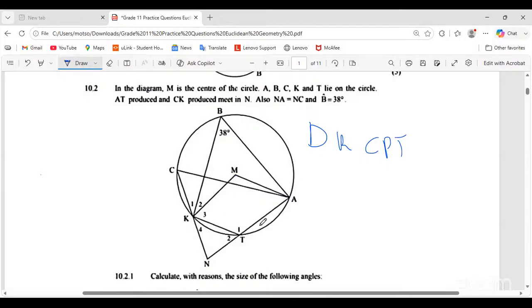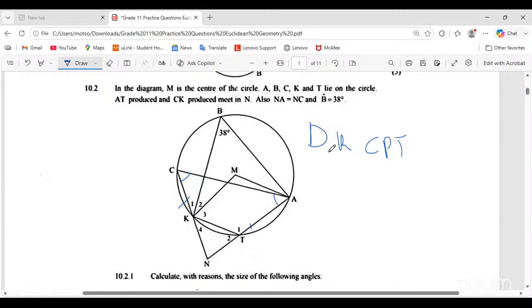AT is produced and CK produced to meet at N. Also NA is equal to NC. Good. Now, NCA is an isosceles triangle. Therefore, angle C is equal to this angle CAN. Now we are given that B is 38 degrees.